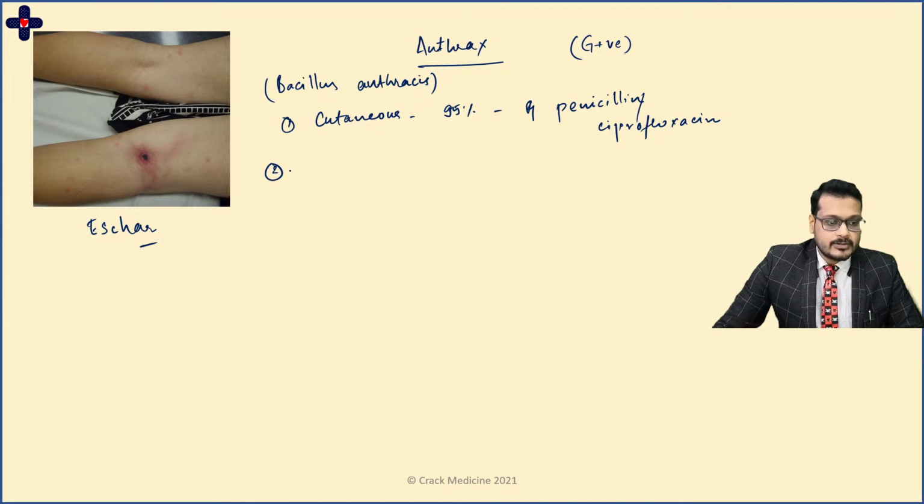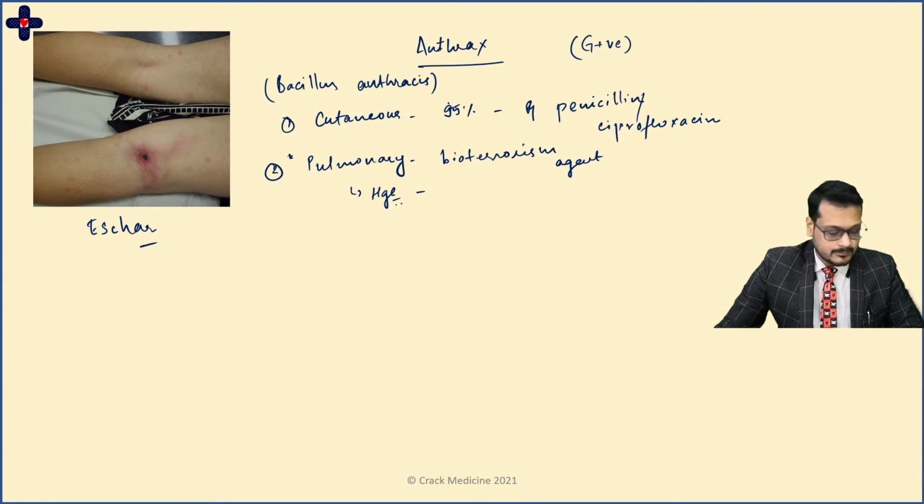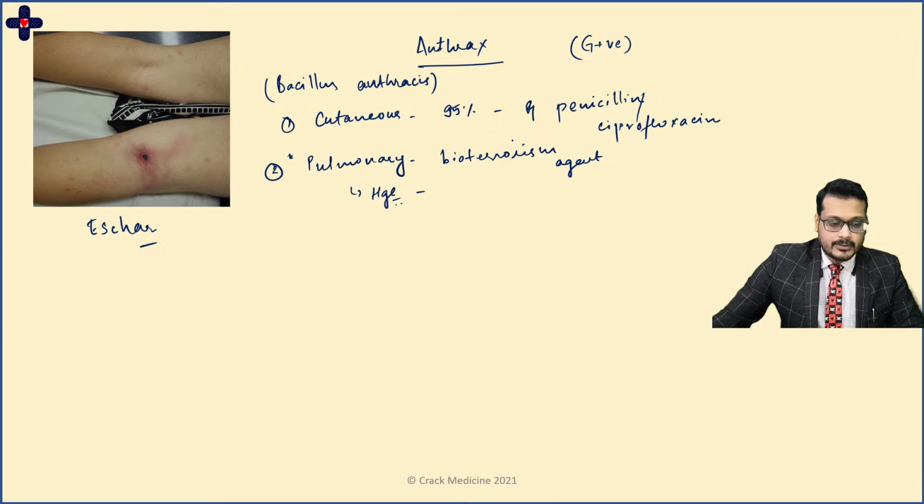Then the next one, which is the most dangerous form, is the pulmonary form of anthrax, which is exactly the bioterrorism form. So it causes pulmonary hemorrhage. Yes, Karthik Priya, you are right.